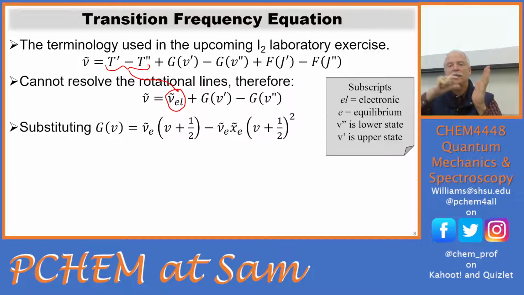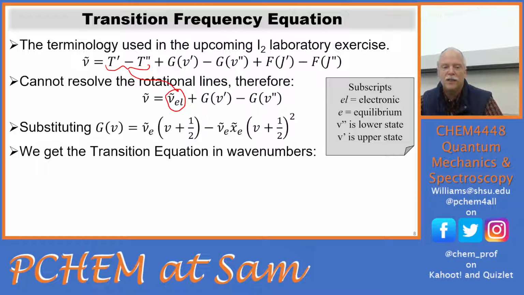So those energy levels are not equally spaced because of anharmonicity. We get this transition equation in wave numbers. So we have one of these for the ground state here, and then we have another one for the excited state.